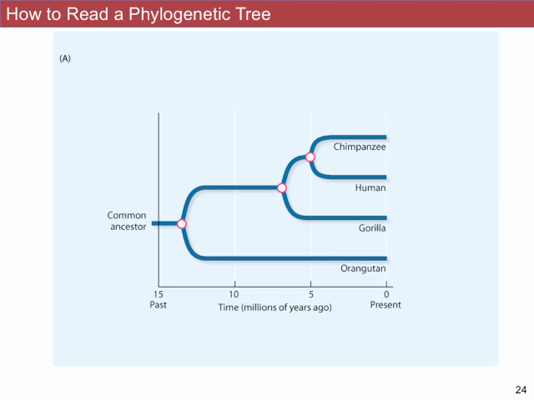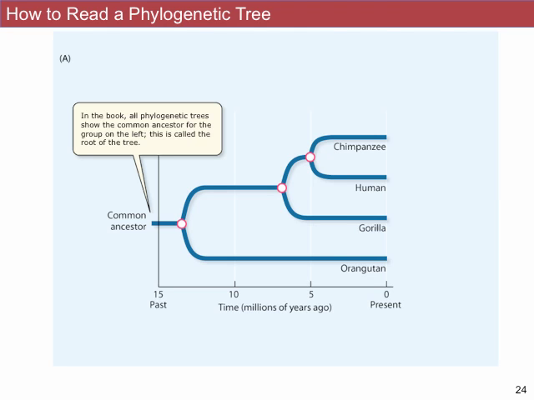We will see hundreds of phylogenetic trees in this class. Sometimes we use them to represent the evolutionary history of a group of species in one genus. Sometimes we use them to represent the evolutionary history of an entire order of organisms. Sometimes we use them to represent the evolutionary history of everything.